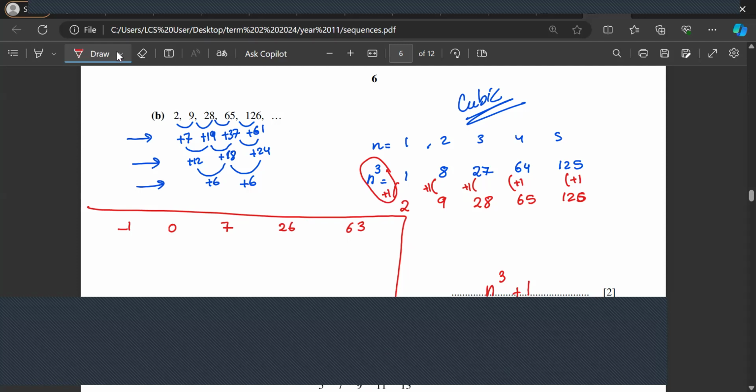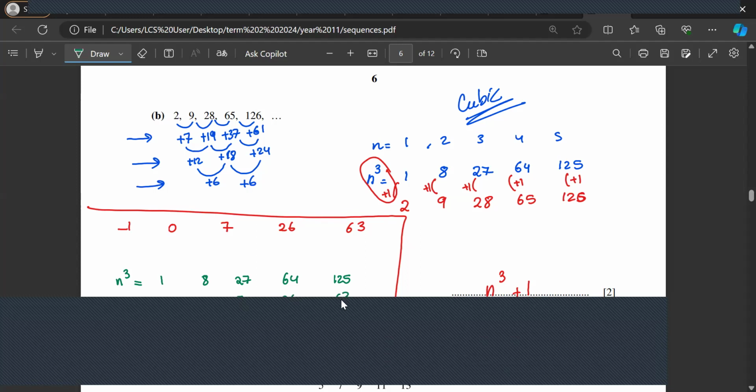Now what I am going to do, I am going to write n cube: 1, 8, 27, 64, 125. Okay, then write your question down here: -1, 0, 7, 26, 63.